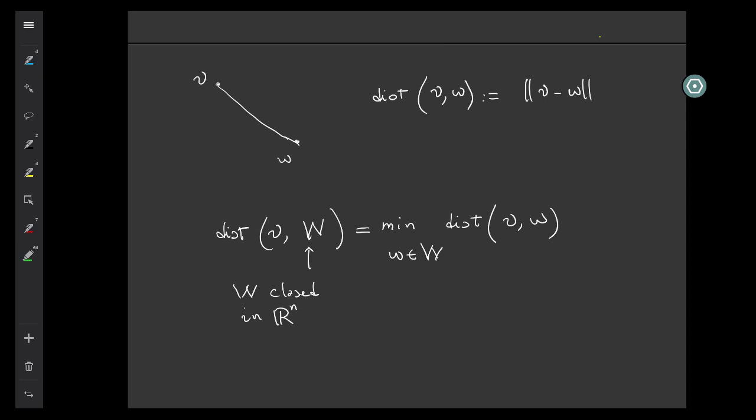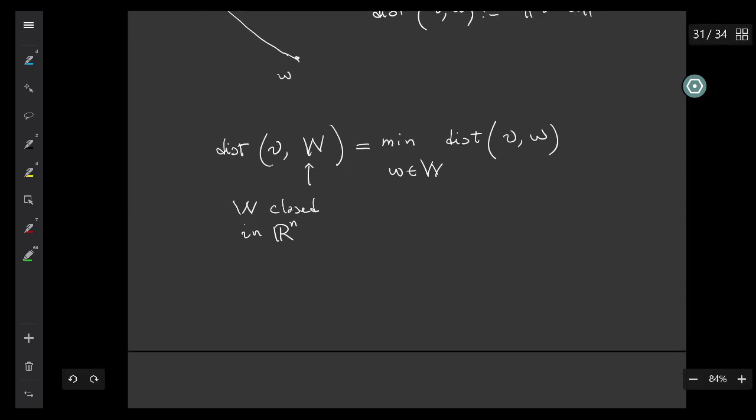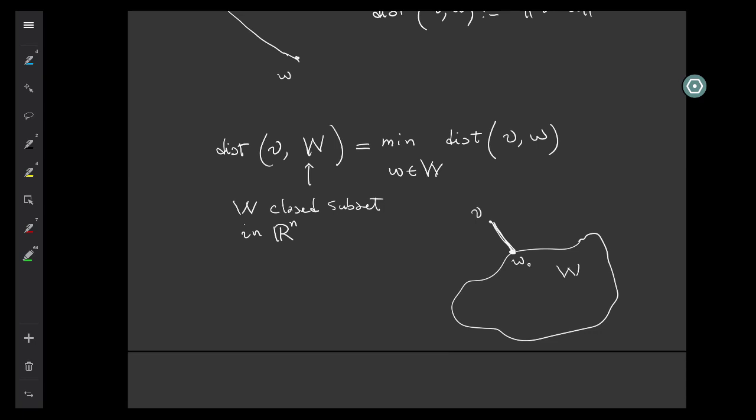But if we are given 1 point and one closed subset, we define the distance of V and W equal to the minimum distance of V and all the points in W. For example, if V is here and you have this complicated W, then you find basically this point in W, W naught, let's say, that has the minimal distance to V.